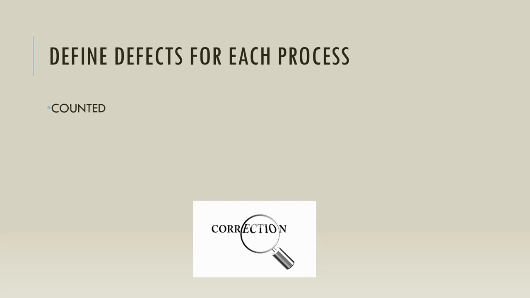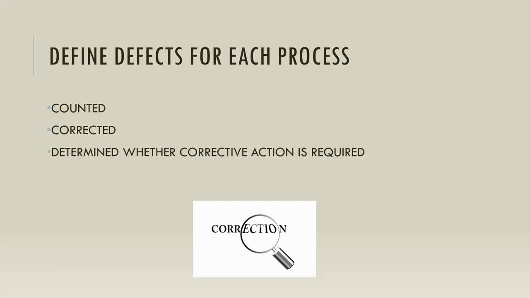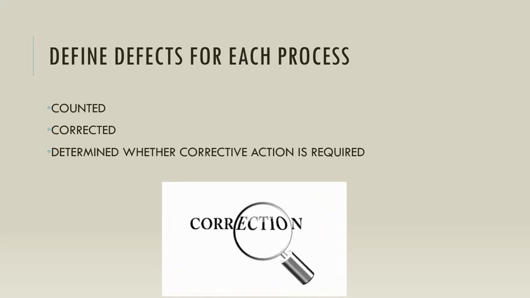That means the defects we have identified must be counted, must be corrected also, and it must be determined whether corrective action is required or not. Those are the three very important points in tackling the defects. But one thing is very common: what you are correcting, those things are important here.